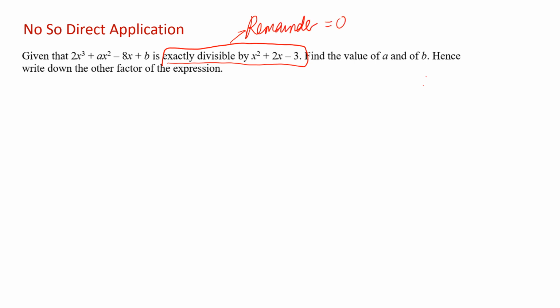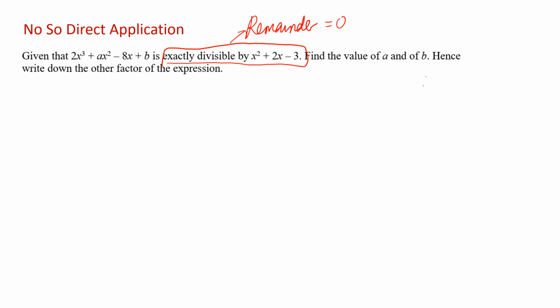Right. So if your remainder equals 0, can you recall what we have learned earlier using factor theorem? Yes, factor theorem says that if your remainder equals 0, then x squared plus 2x minus 3 will be a factor of your polynomial given there.